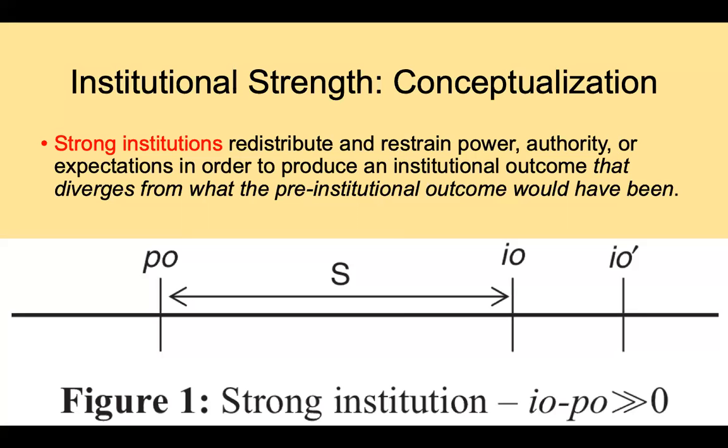We know that economic institutions exist, like rules about banking or investment. We know that political institutions exist, like rules about the relationship between the executive branch and the legislative branch, or rules about the distribution of power between different institutions of government.